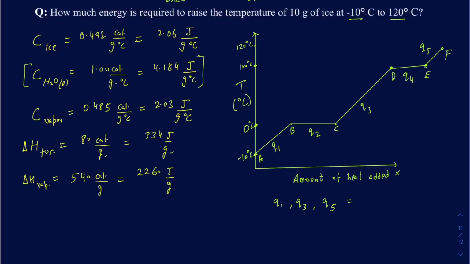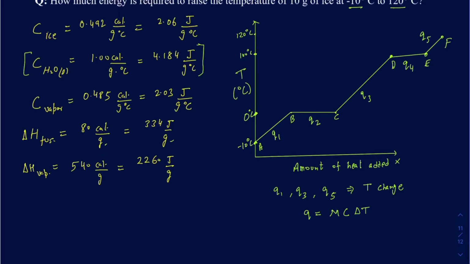All right, and in these particular cases, you're changing the temperature. So there is a temperature change, but the phase does not change. Whenever the temperature changes and your phase does not change, you will be using the Q equals MC delta T formula to find what those Q's are for those particular fragments.